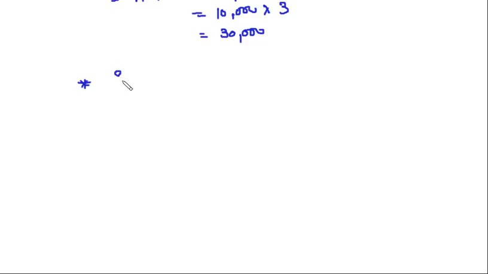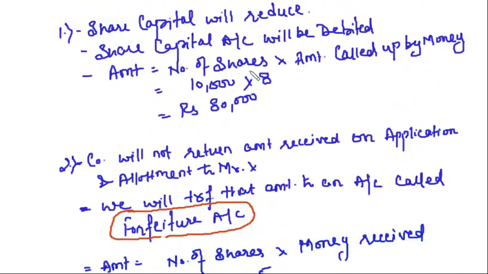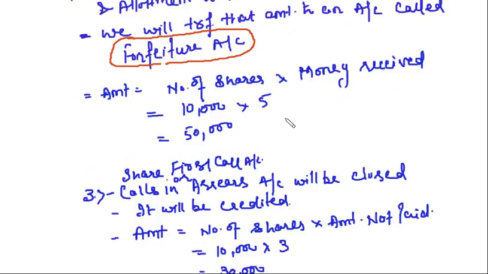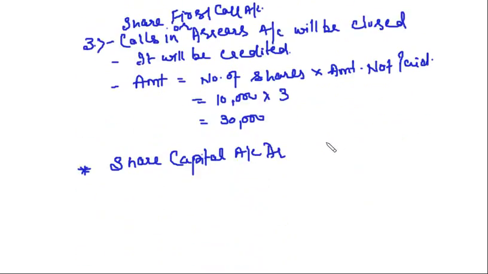The journal entry is share capital. Share capital is debited because we are closing. Our share capital will reduce with what amount? See here, number of shares multiplied by amount called up by the company, 80,000. Right?